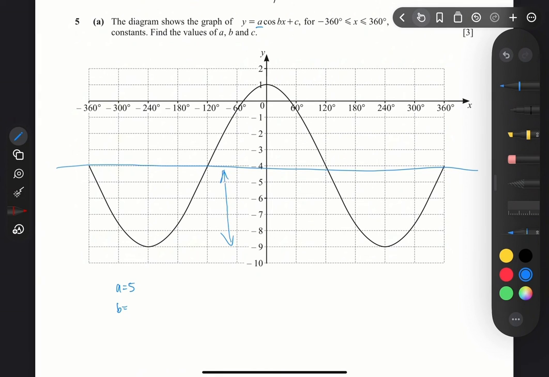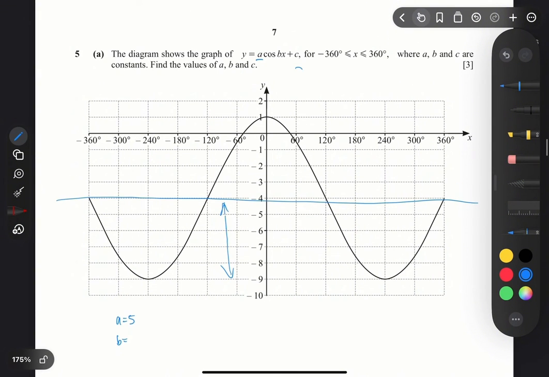For b, you can think how many cos graphs can fit in the 360 degrees. So a cos graph typically looks like this. And in this question, in 360, it's actually 3/4 of this entire graph. So b should be 3 over 4.